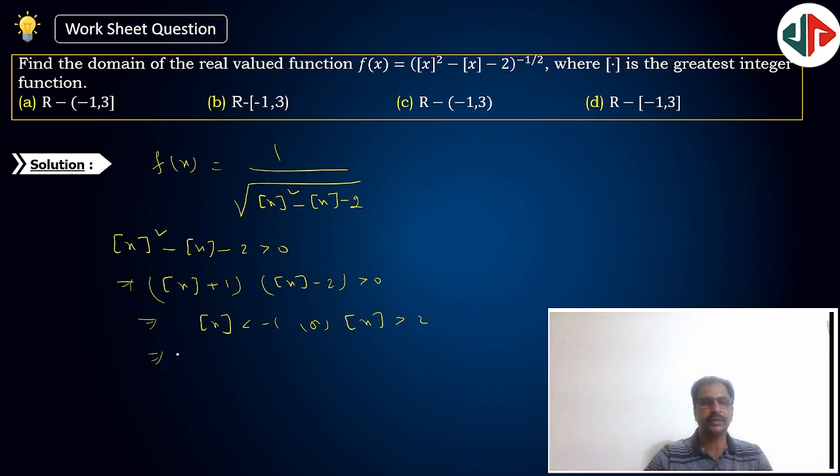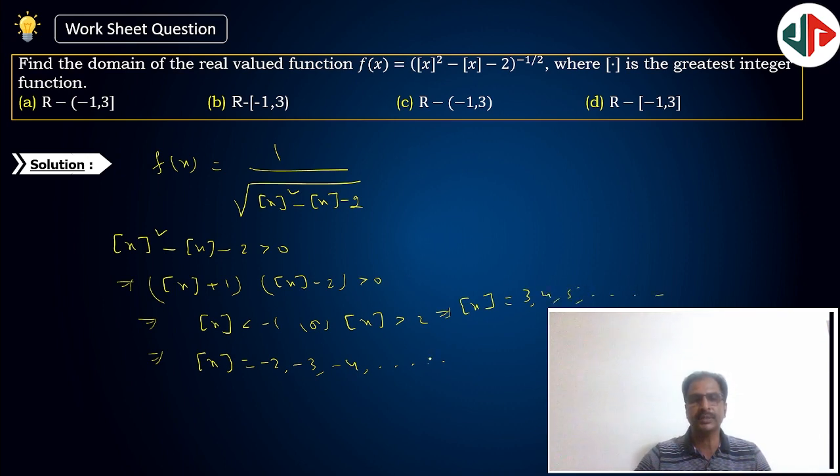And we know that step x is always an integer. So what are the integers less than minus 1? Minus 2, minus 3, minus 4 and so on. And step x greater than 2 means 3, 4, 5 and so on.